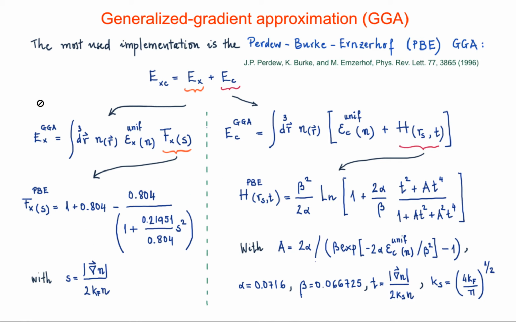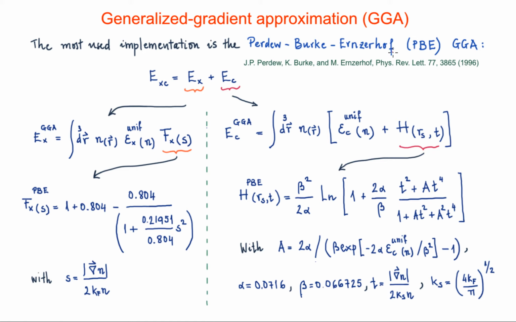Here, I'm just going to show you one of these implementations, which can probably be considered the most used approximation because it's quite simple and gives reasonable and good results.